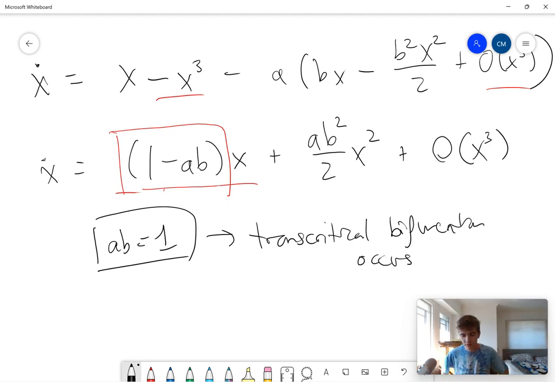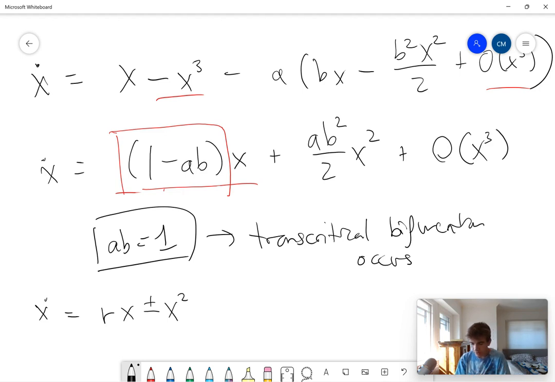And again, I just know this because I know the normal form rx minus x squared, plus or minus, doesn't really matter. I know that this normal form represents a transcritical bifurcation, and that bifurcation occurs precisely when r equals 0.